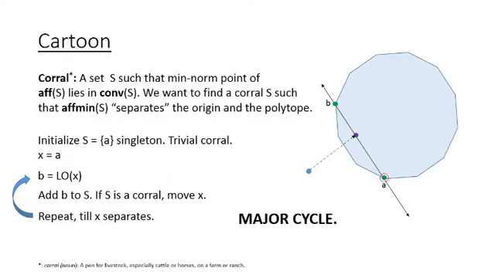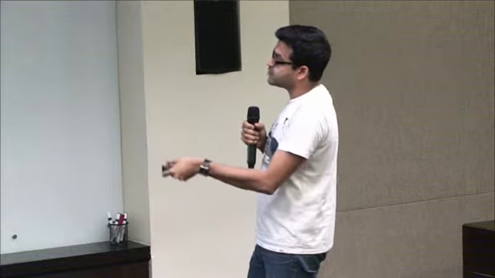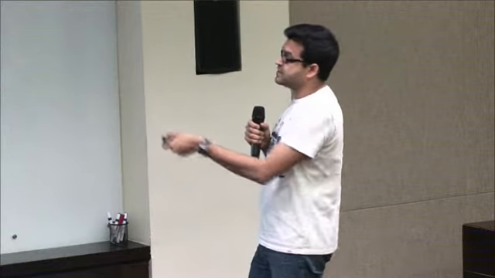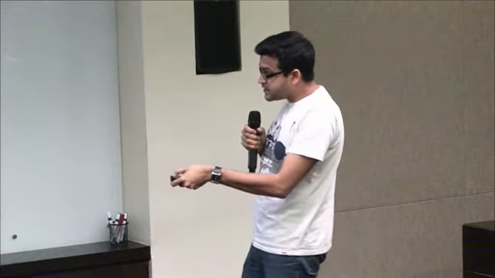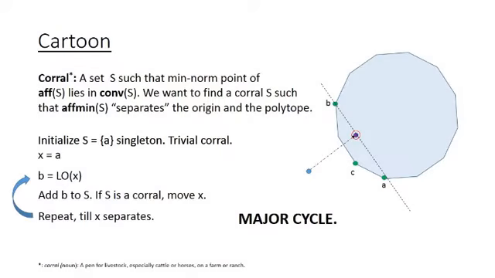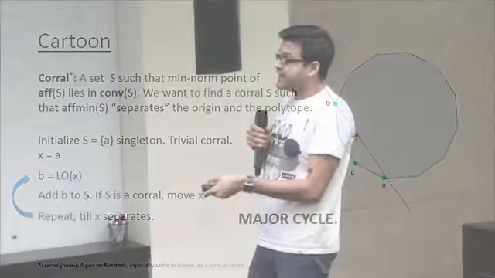And I repeat. So what does repeat mean? I check if this separates the origin from the body, it doesn't. I optimize, I find the point, this time it is C, which is the linear optimization with X. So this is the new green point, and I add C to S. So at this point, I need to check if these 3 points form a chorale.